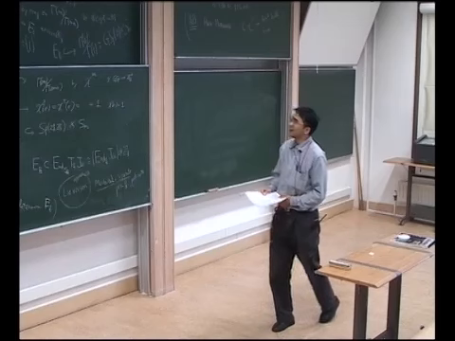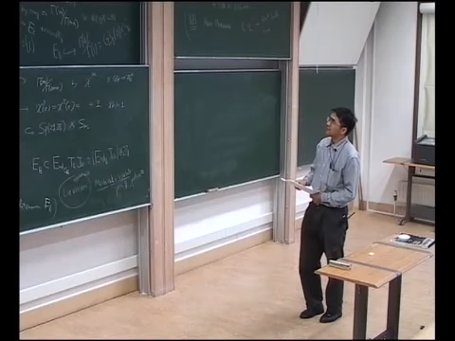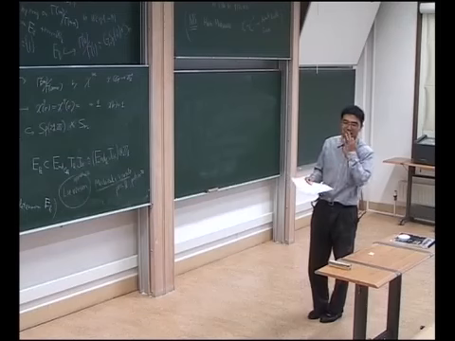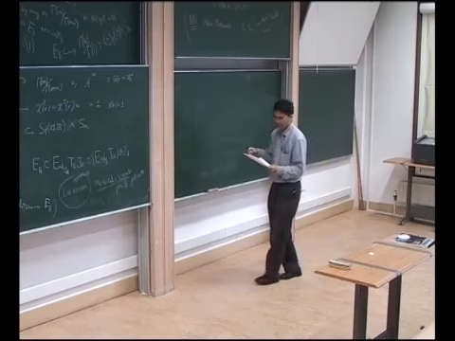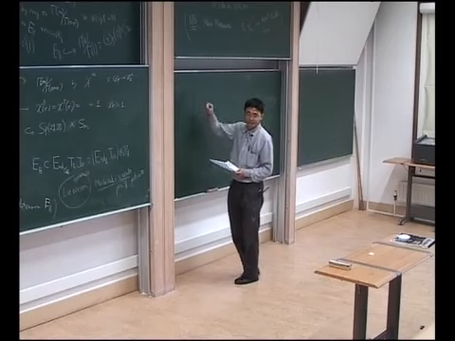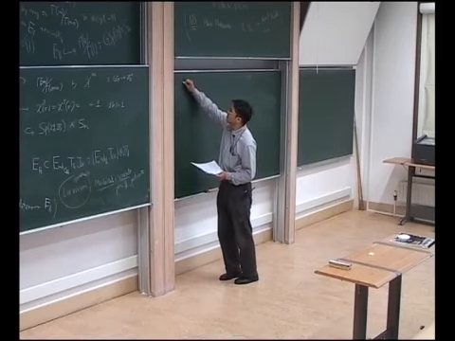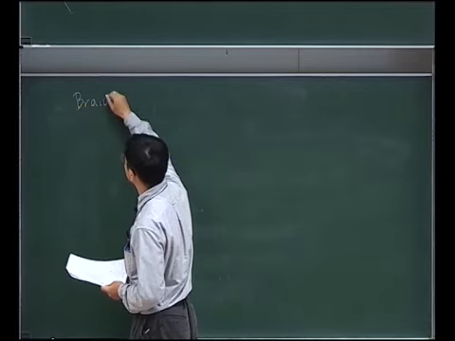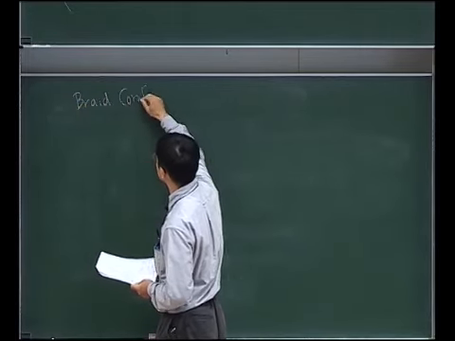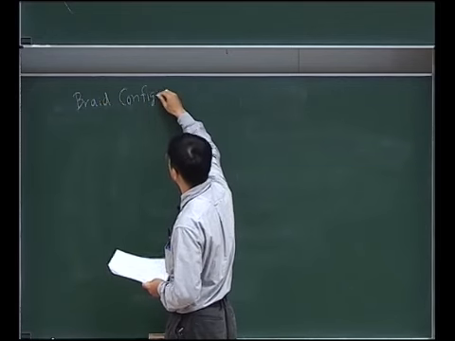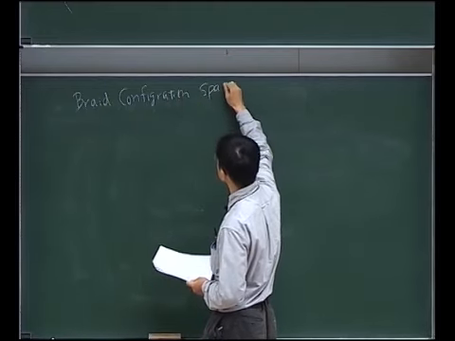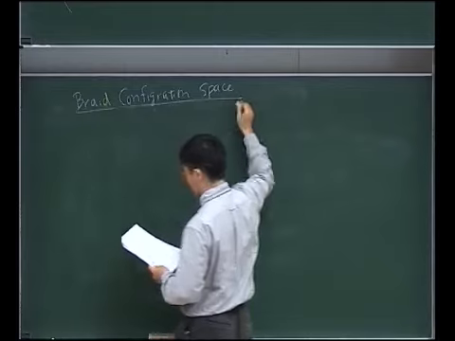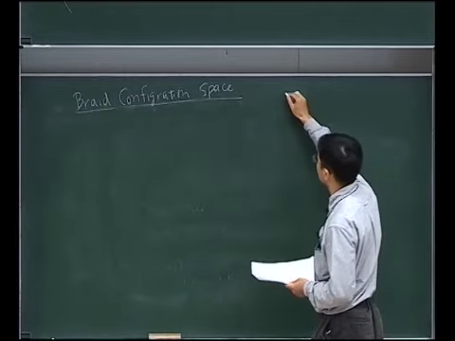Are you going to explain how to get these Soulé elements? In this talk, perhaps there is no time. But the important tool for them is the braid configuration space.